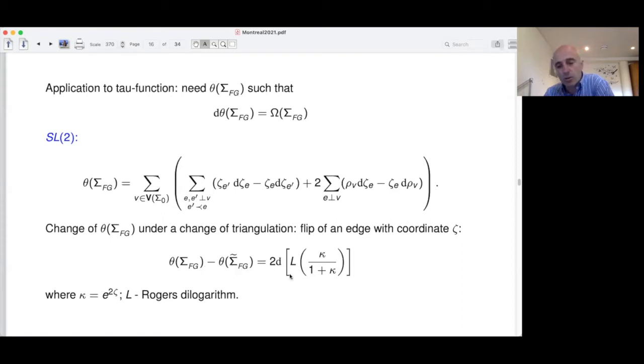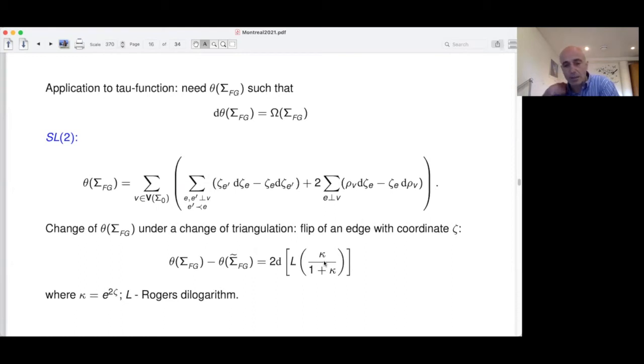The result should give, in the ideal world, the transition function of the corresponding line bundle. Well, the transformation looks as follows. The generating function of this jump, if you like, also the generating function of the corresponding symplectomorphism, is given by the Rogers logarithm of the Fock-Goncharov variable, essentially sitting on the edge which you flip.